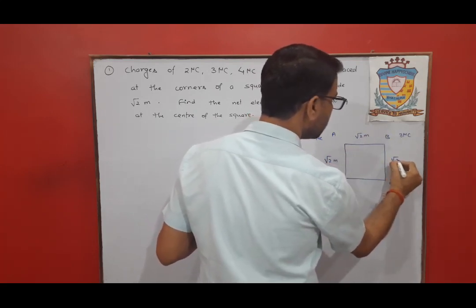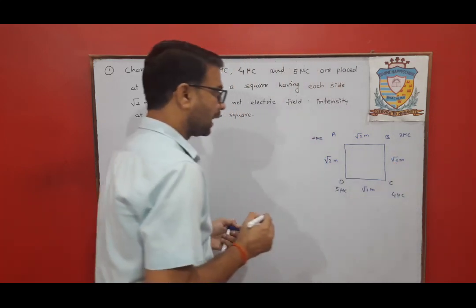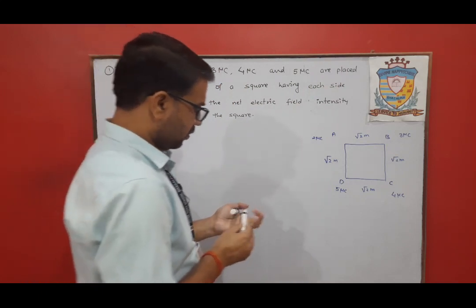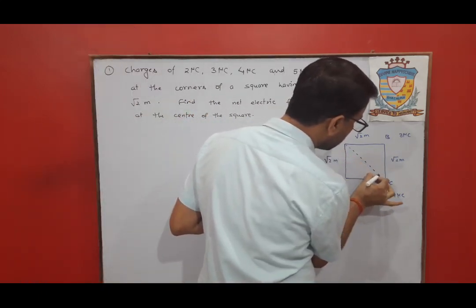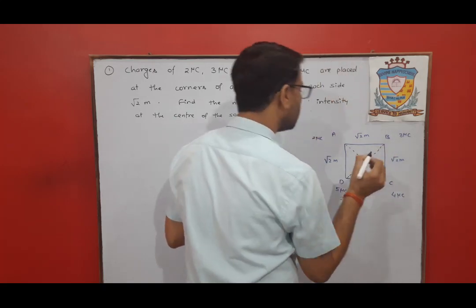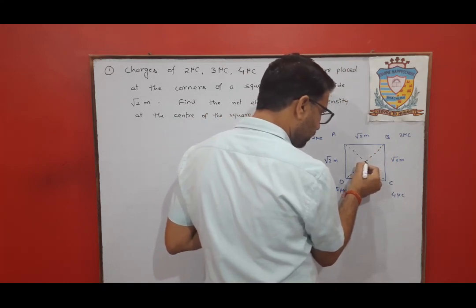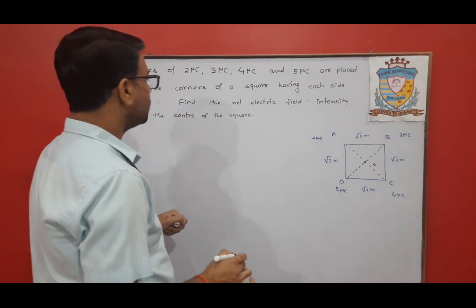Now we will draw the diagonals. Let the point of intersection, or center, be O.